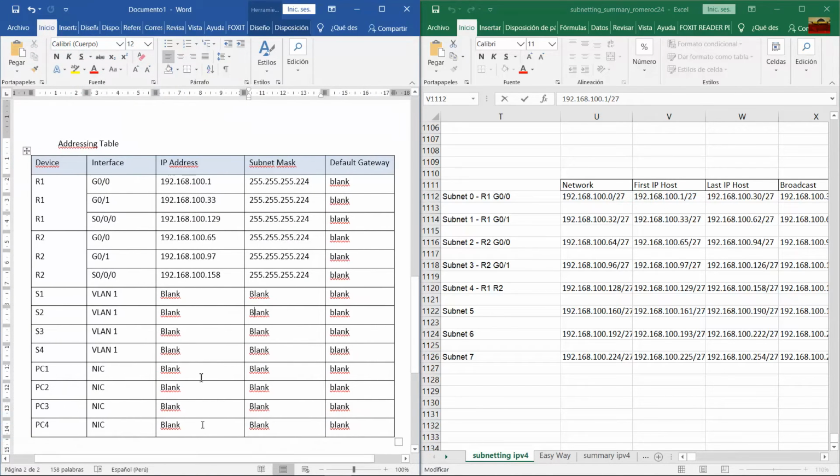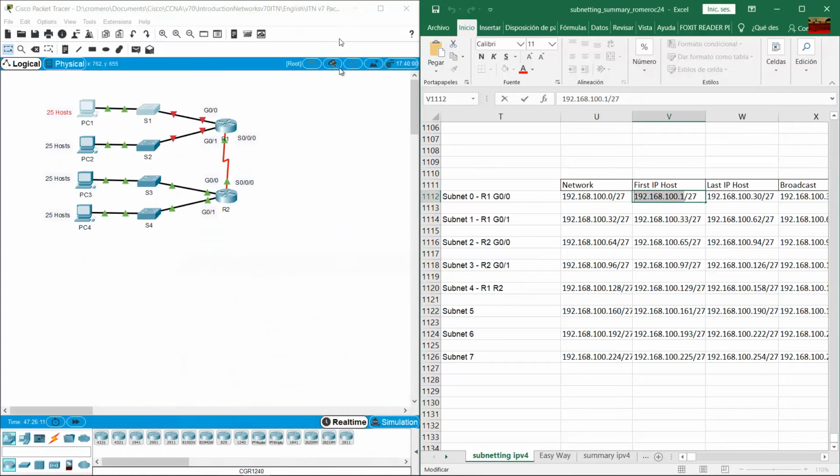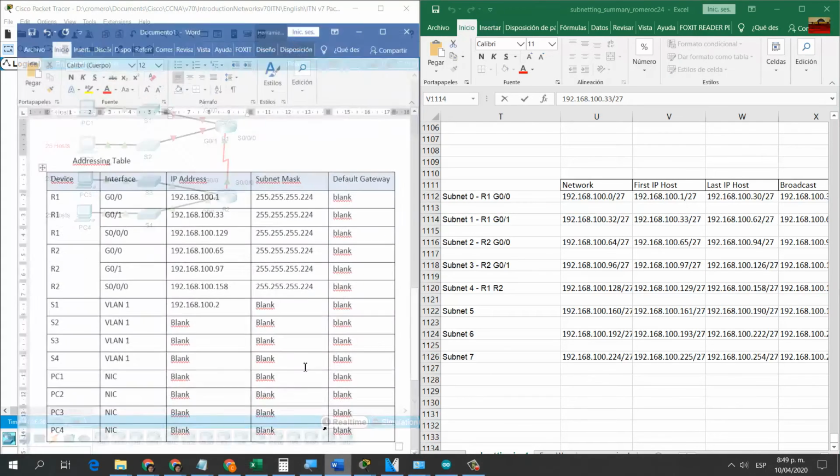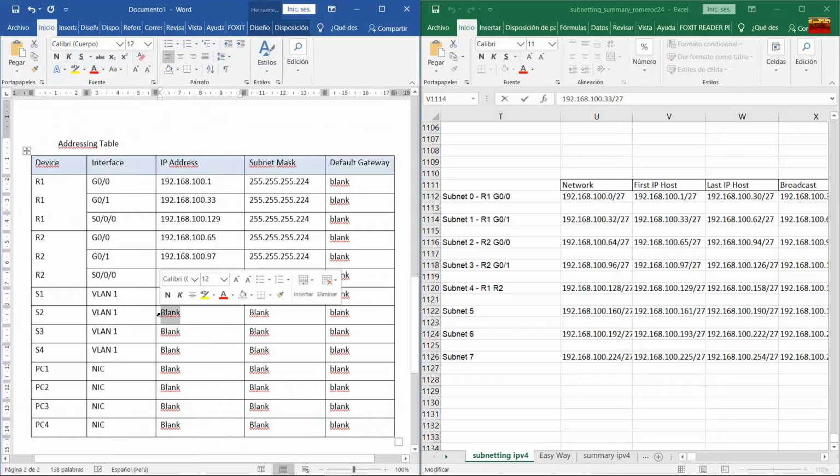For S1, 100.2. For S2 on subnet 1, if first is 100.33, second 100.34.